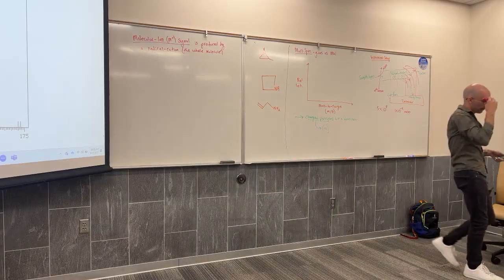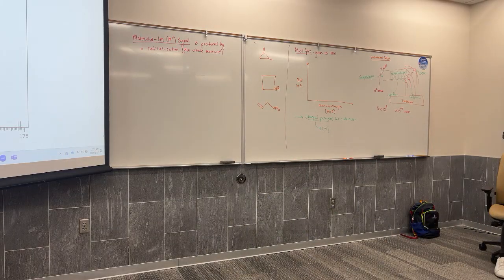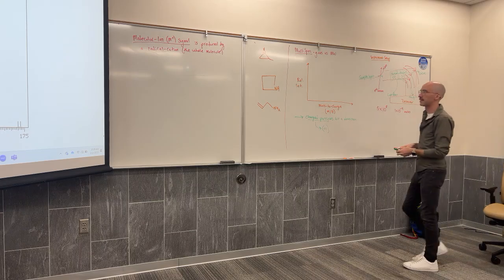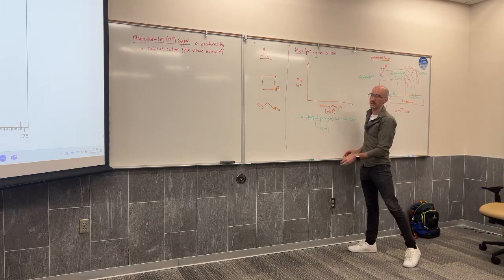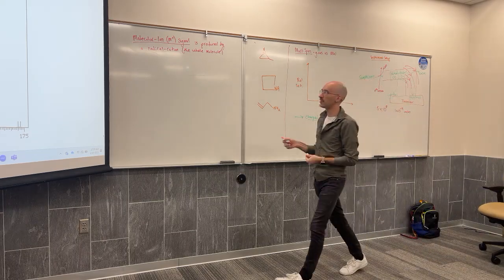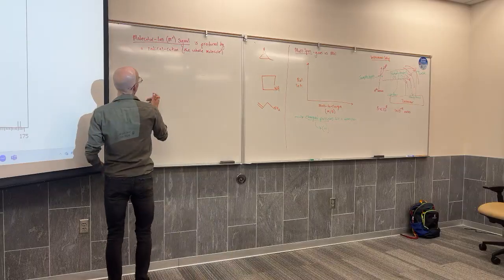Now I'm going to draw for you guys benzyl bromide, and we're going to look at a few different ways that benzyl bromide can be turned into a molecular ion.